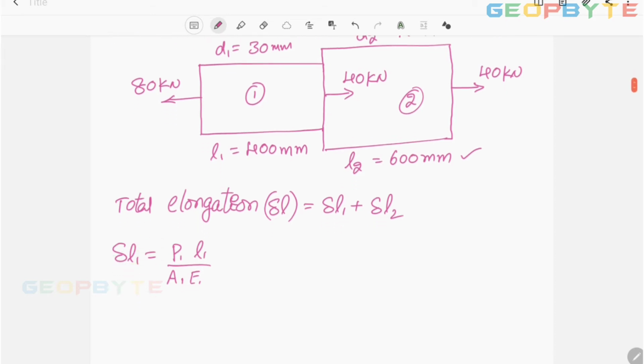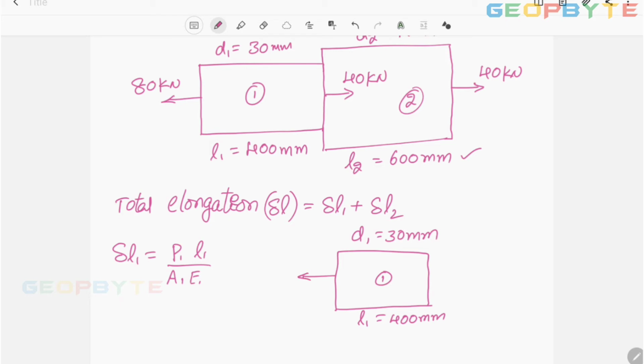Let us take the section 1. The section 1 is looking like this. This is the section 1 of diameter D1 30 mm, length L1 equal to 400 mm.